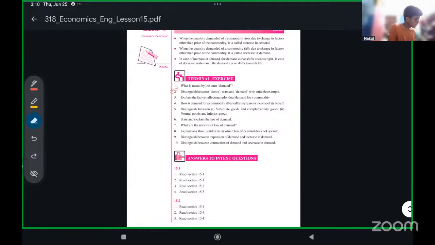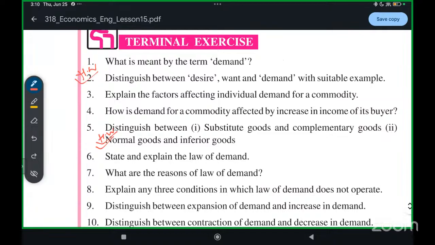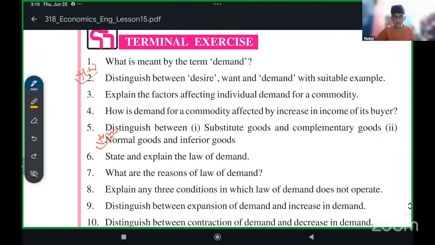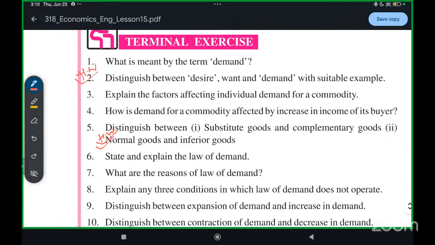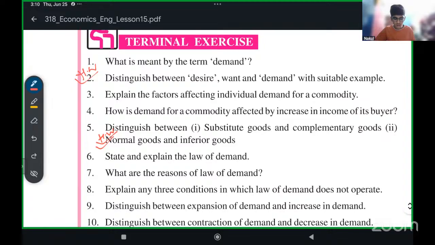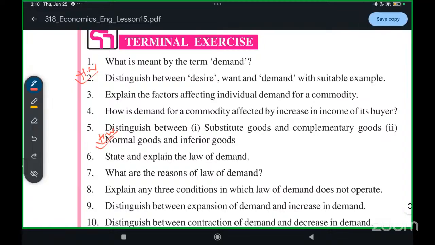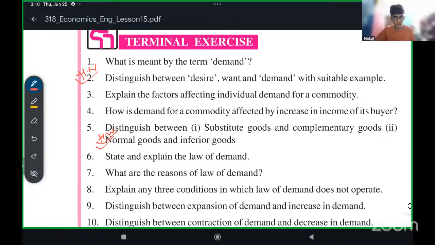Normal goods and inferior goods is homework for you. You can write about it and send.